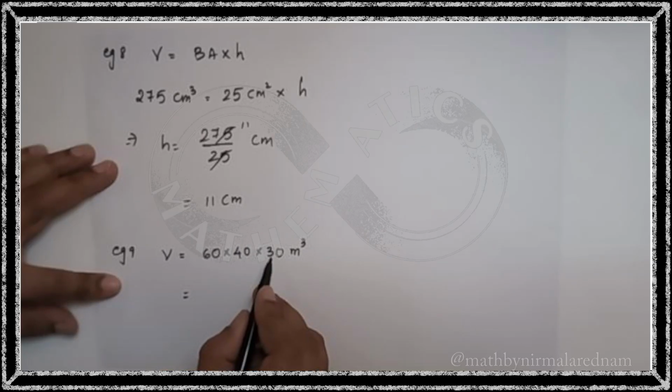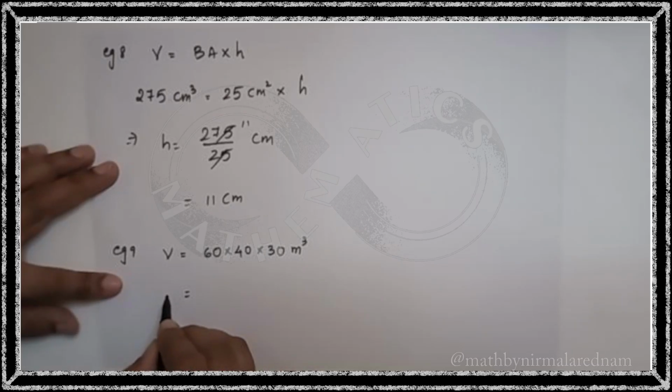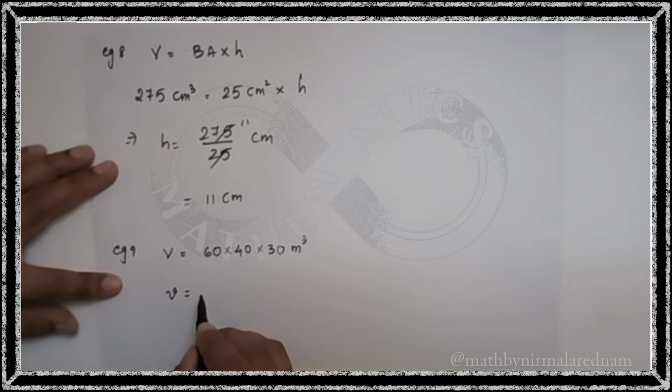And then I want to leave it like this, in fact, because I'm going to have 0.8 in the denominator in the next step, right? So let us say small v, that is the volume of the small cuboid, is given to be 0.8 meter cube, correct?